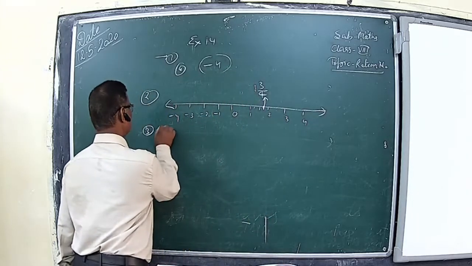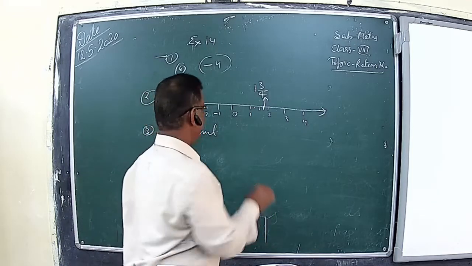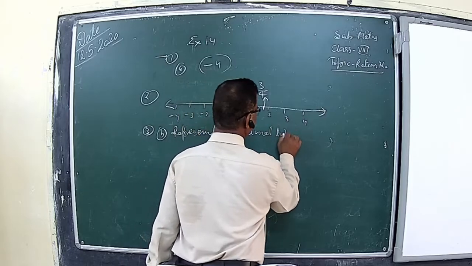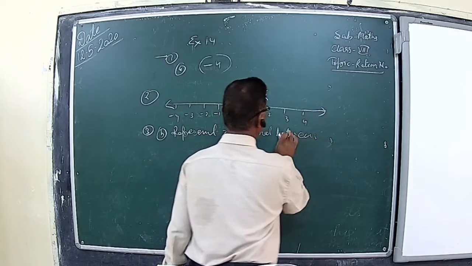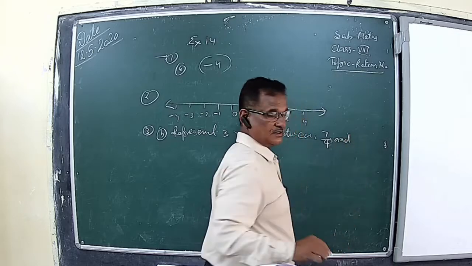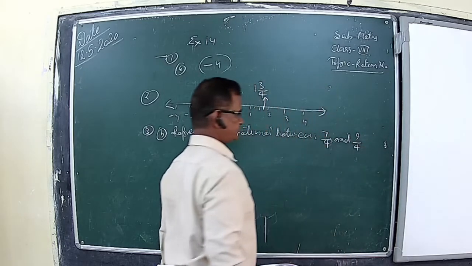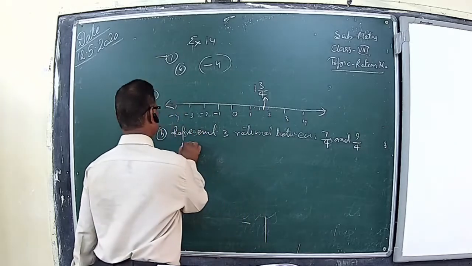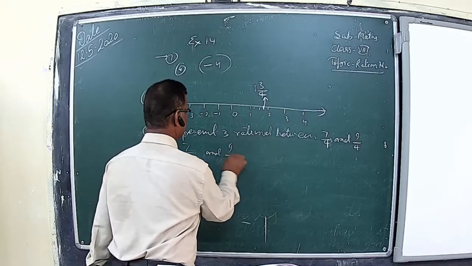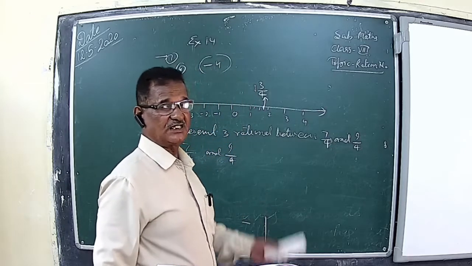So 7 upon 4 and 9 upon 4, 2 rational numbers are given. You have to find 3 rational numbers between these.